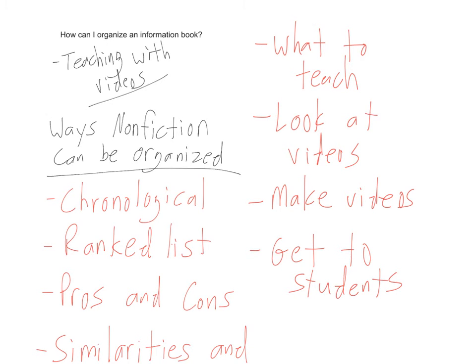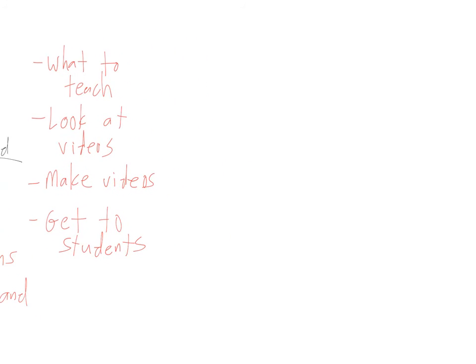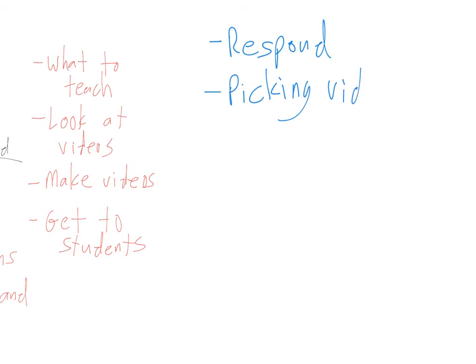Now I could also maybe do a ranked list, and this could be just the most important things with the videos. So your ranked list would be your most important things. I think the most important would be how do you respond to the videos and determining that, and then picking your videos. But I would almost say that making your videos is going to be more important.